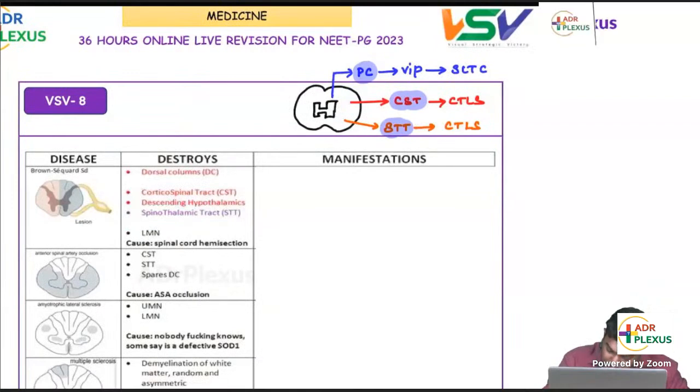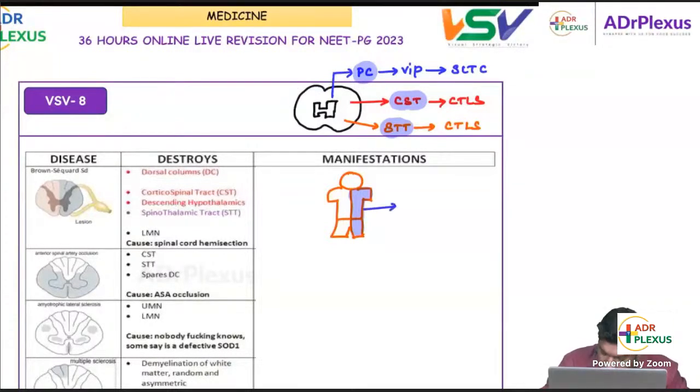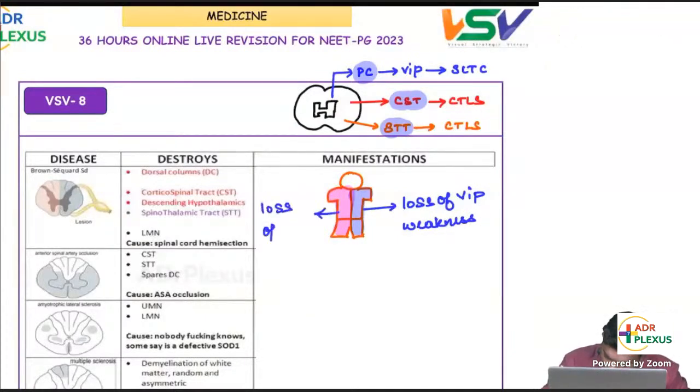Now imagine a person is coming to you. He is having loss of VIP and weakness, and loss of pain and temperature.